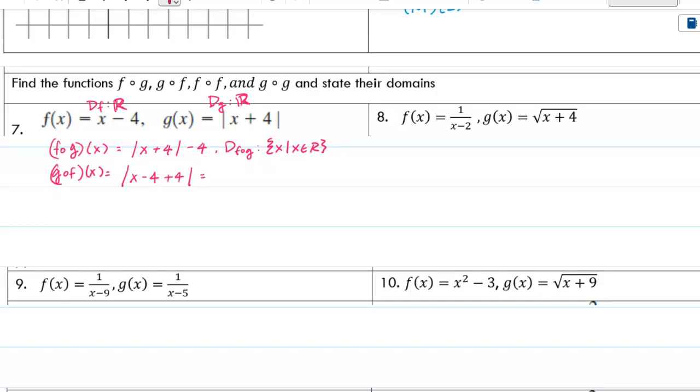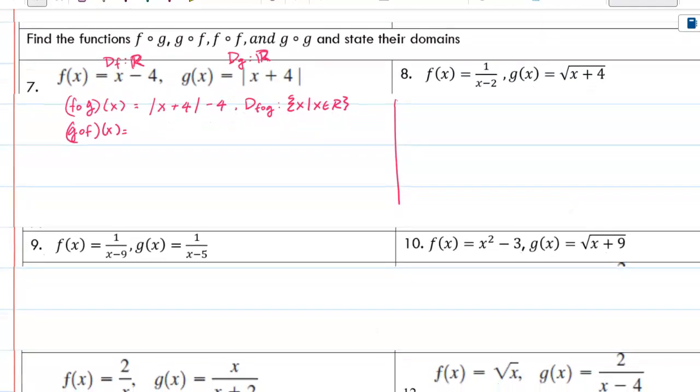That is going to give you, oh, I wanted to put all the correct answers here. It's going to be x minus 4, so it's going to be the absolute value of x minus 4. And once again, there is no restriction on that.